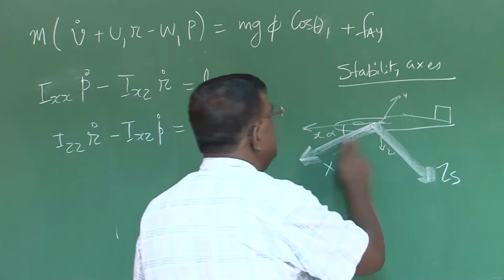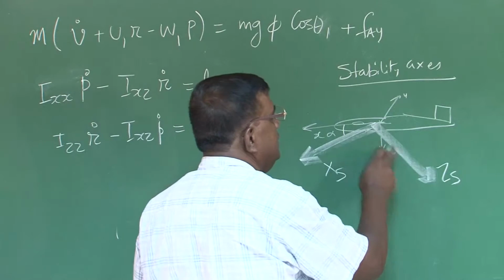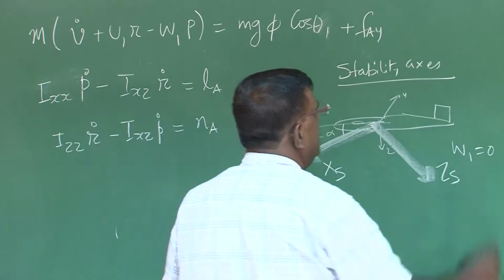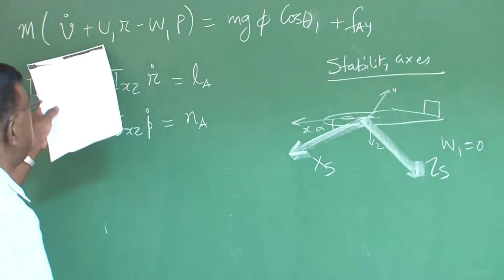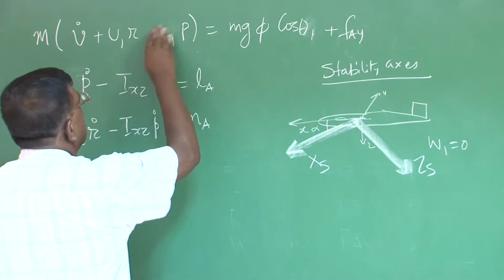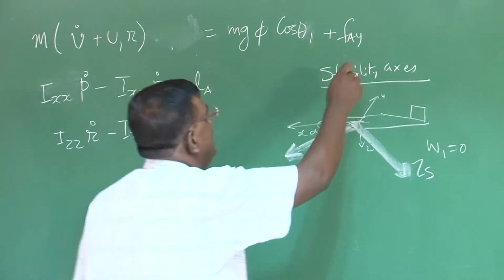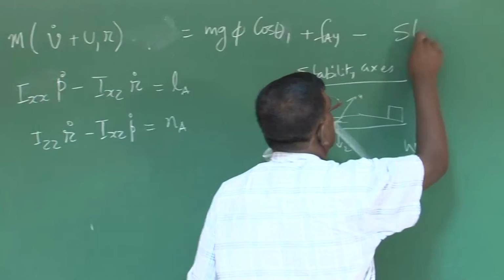The advantage is if this is xs and this is zs, then naturally w1 is 0. So we further simplify this equation and we remove this term. So we get this equal to this in stability axis system.